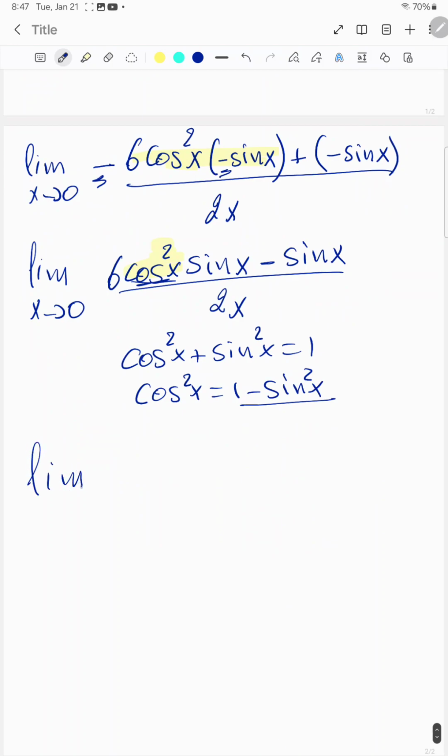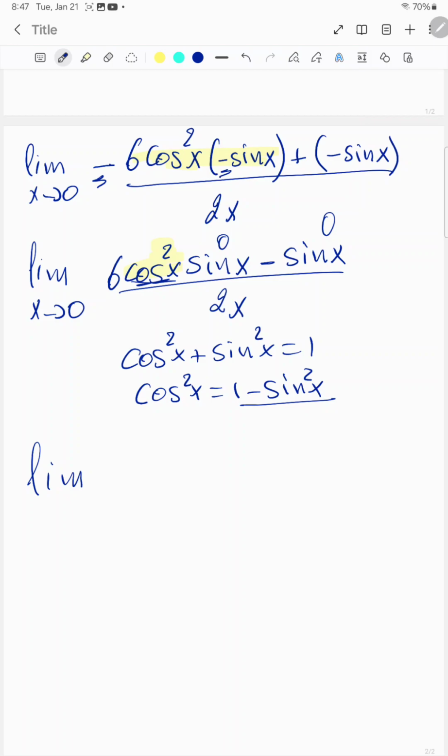Because even if I want to substitute x by 0 here, sine of 0 is equal to 0, and this is 0, 0 minus 0 is 0, divided by 0.